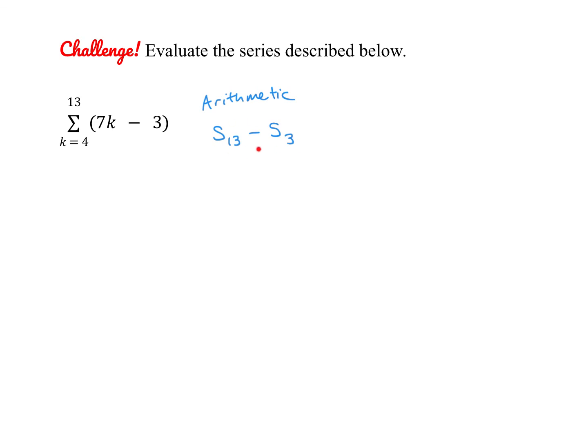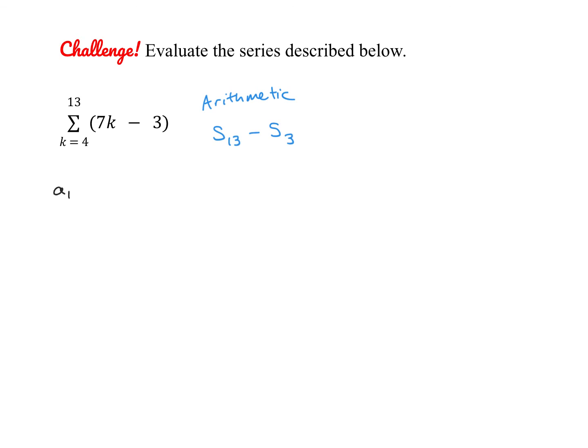So we're going to have to find 2 sums, and we're going to have to find the difference between them. And again, you just need to be careful here because our formulas only work for the sum of the first however many terms.